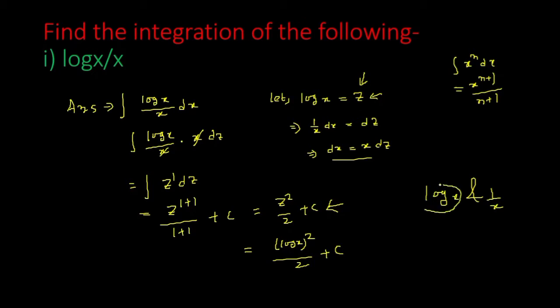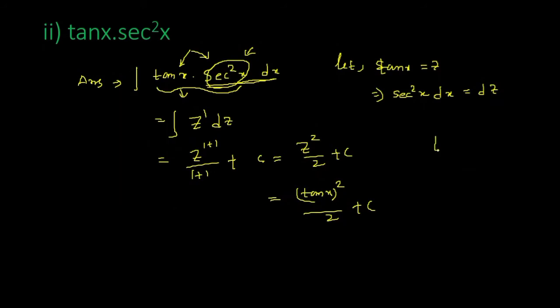If you differentiate log x, you will get 1 by x, but if you differentiate 1 by x, you will not get log x. So we are letting log x equal to z. Here also there are two functions, tan x and sec square x. If you differentiate tan x, you will get sec square x, but if you differentiate sec square x, you will not get tan x. So we are doing tan x equal to z. So this is the procedure.